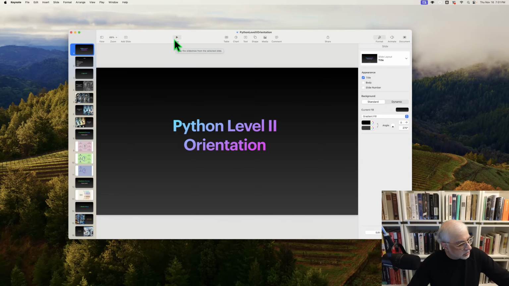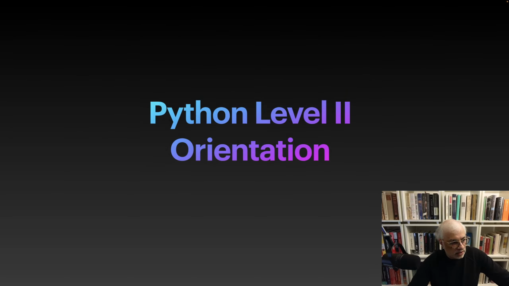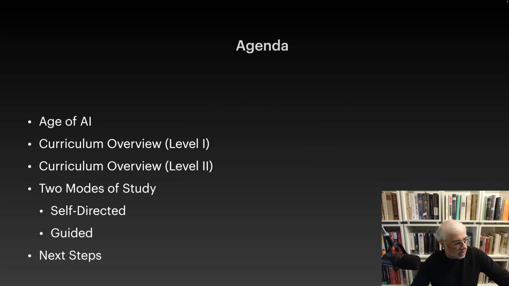Okay, I will get started. So tonight, the first half hour is an orientation session on Python level 2. The topics that I'm going to cover: I'll just mention briefly that we're in an age of AI, what that means, and what the opportunities are in developing your skills.